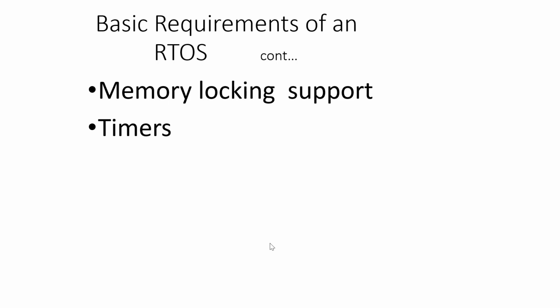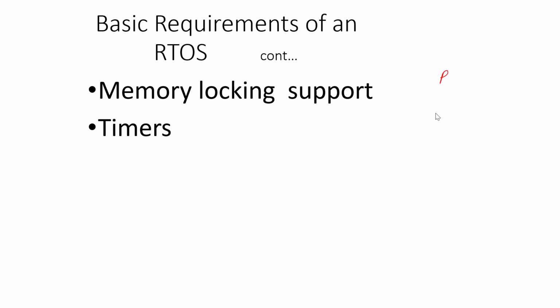So then we need support for memory locking in the sense this can be a source of significant jitter. Here the key idea is that given a process, it will have its data in memory. We need to ensure or we wish to ensure that the pages are locked. What I mean by locking pages is basically that they remain in memory, they are not evicted.